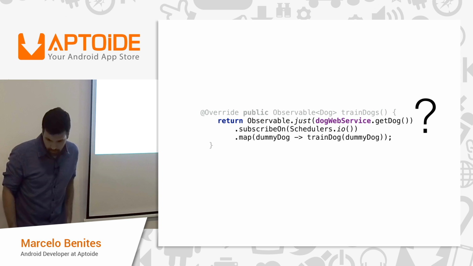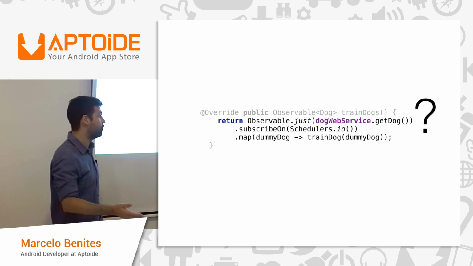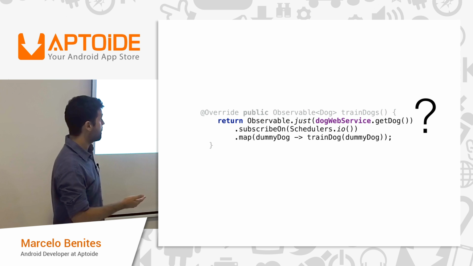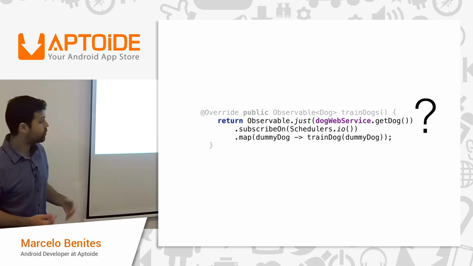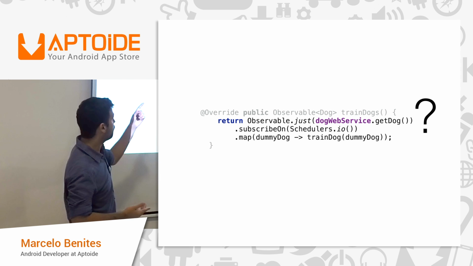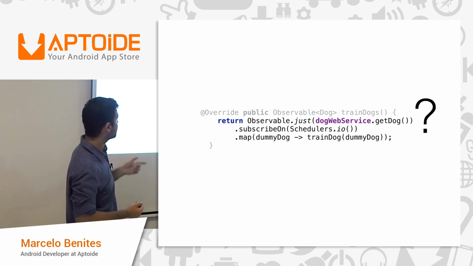So here's a different example. What would happen, like I told you before, if instead of using from callable, I use just? It wouldn't work. It wouldn't work because the dog web service would execute before someone starts listening to this observable, before someone subscribes to it.